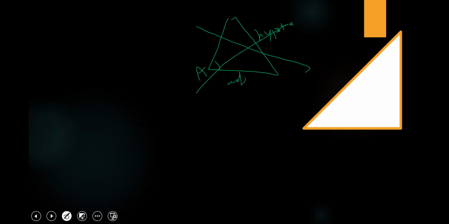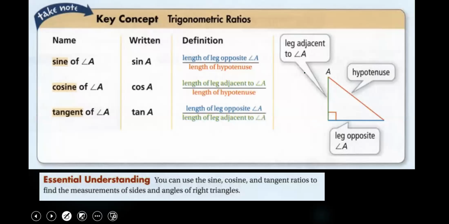No, this is false. I will repeat, only for right triangles. So remember, Pythagorean theorem and trigonometric ratios only for right triangles. Is it clear? Yes, teacher. Okay, now let's have more examples. Inshallah, it will be understood.